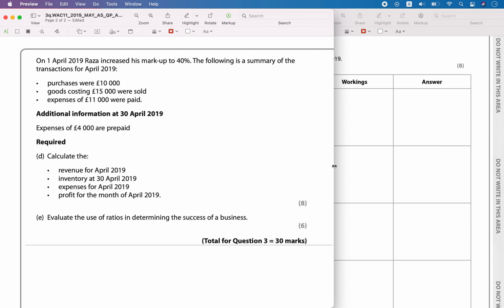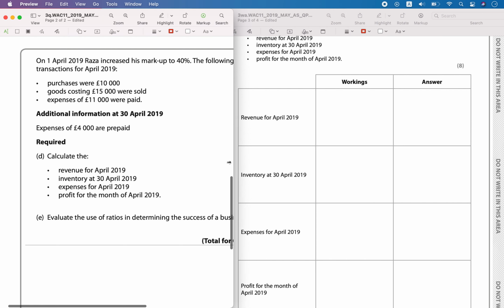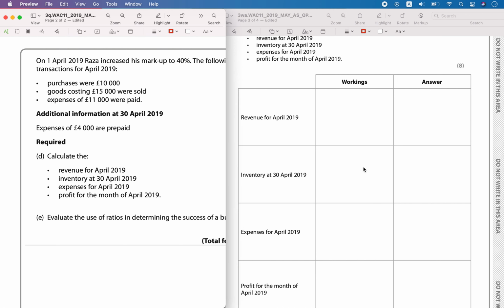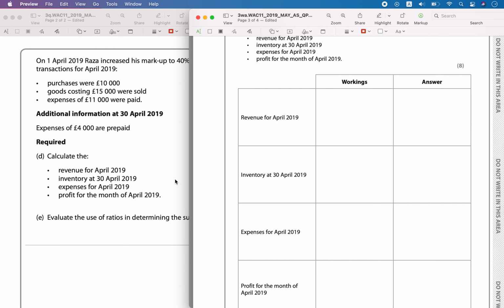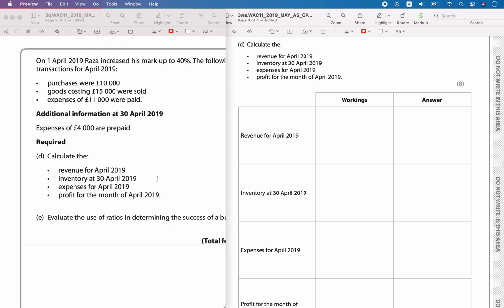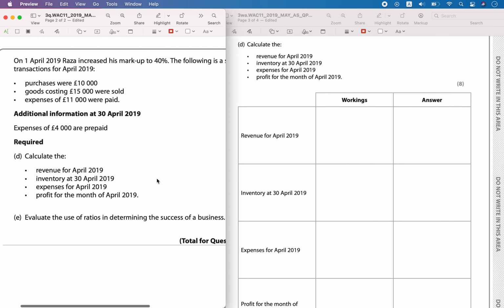So let's calculate the revenue for the month of April 2019. The goods costing 15,000 pounds were sold, and the revenue was marked up by 40%.